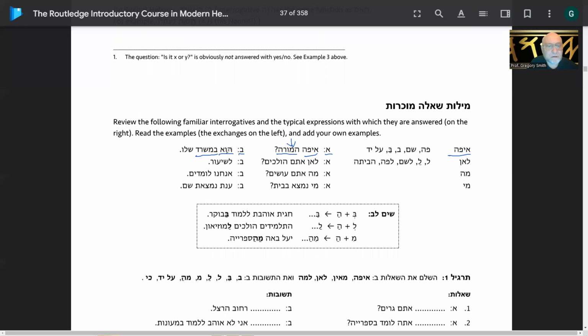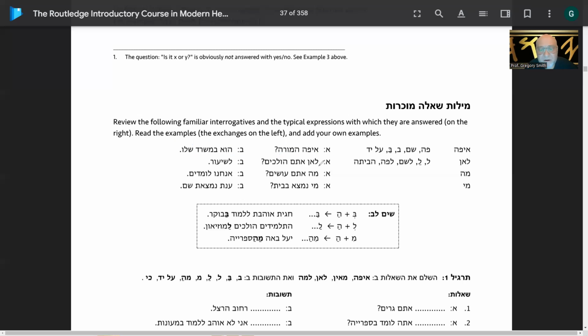Okay, so who bamisrad shelo, and I think that's he. So it's in his office. He's in his office. So let's try the whole thing. Who bamisrad shelo. Yes, he's in his office. הוא במשרד שלו. Okay, so who bamisrad shelo.